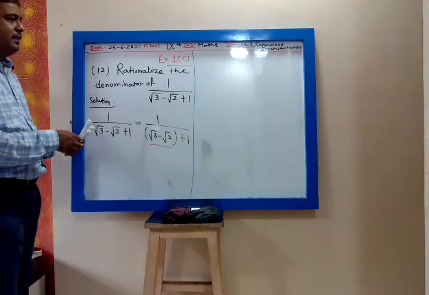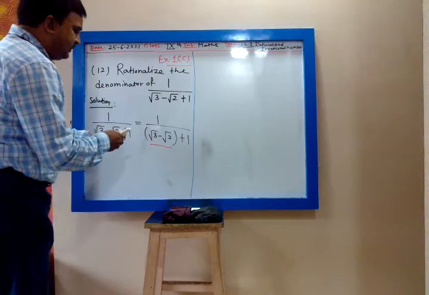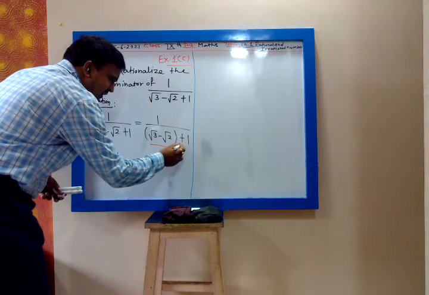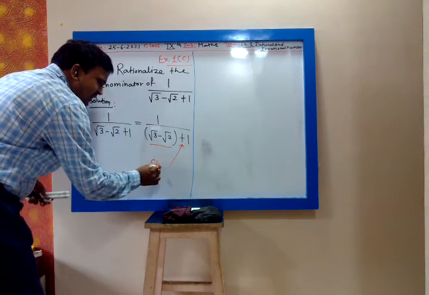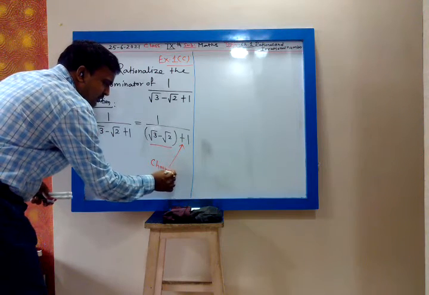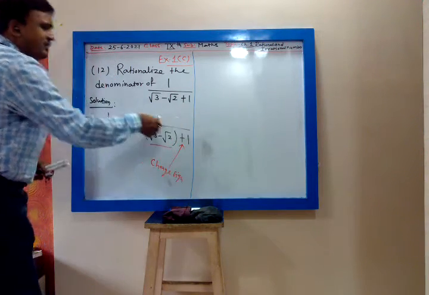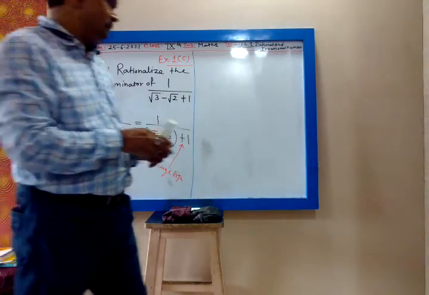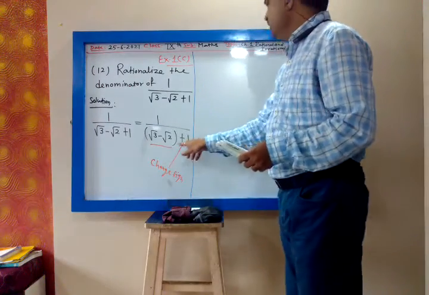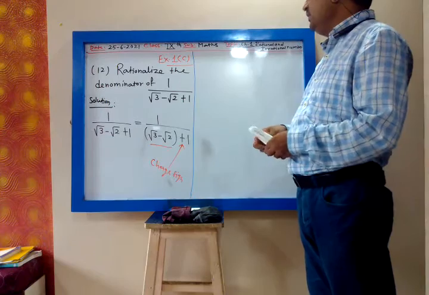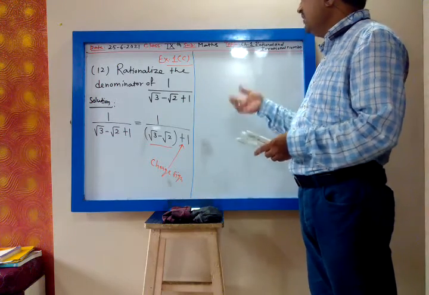Now to rationalize this denominator, you have to change the sign which is outside. So what is the rationalizing factor? The rationalizing factor will be root 3 minus root 2 minus 1.